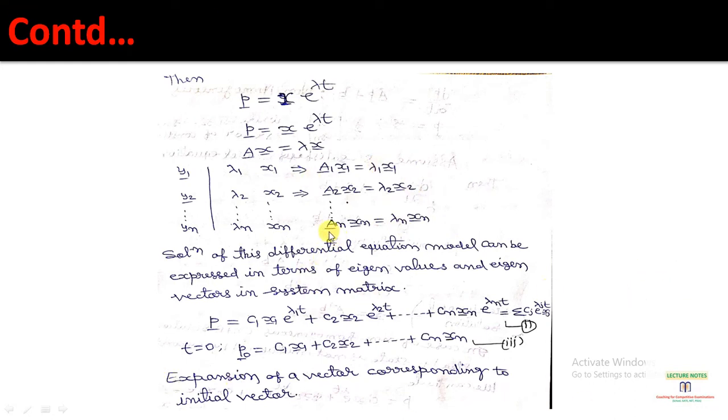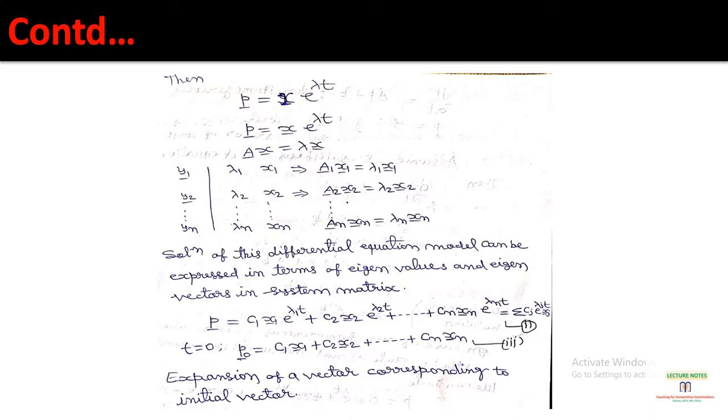I am not saying again column vector and row vector, we are only pronouncing the matrix A, x and y. So the solution of this differential equation model can be expressed in terms of eigenvalues and eigenvectors of the system matrix.